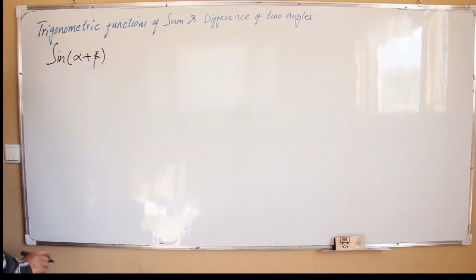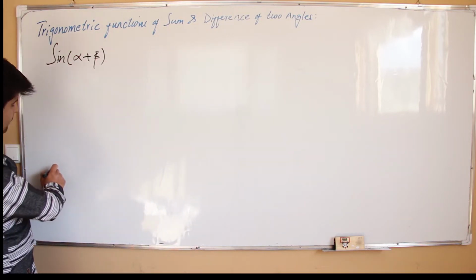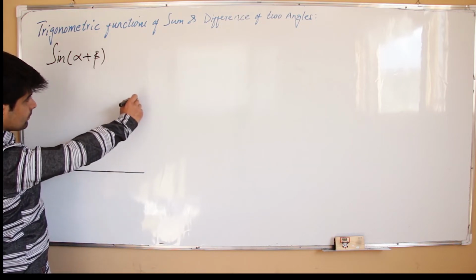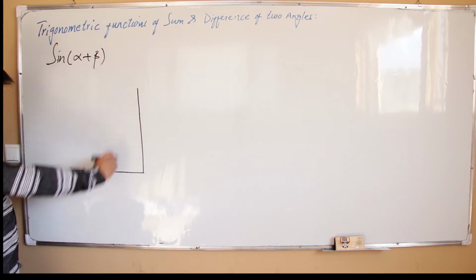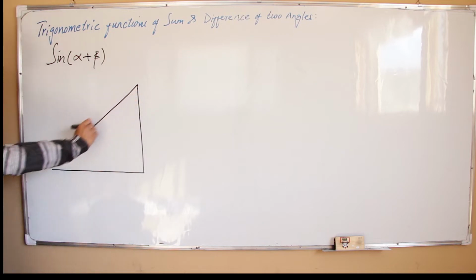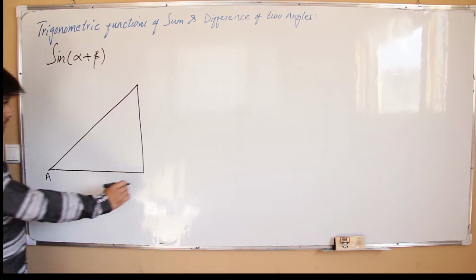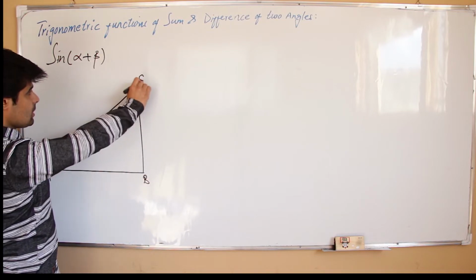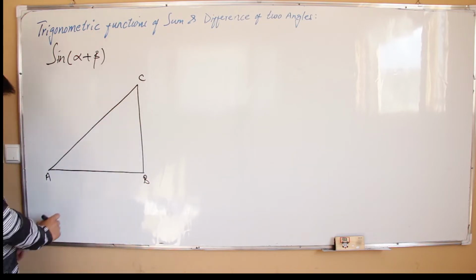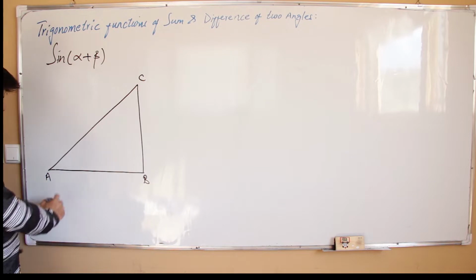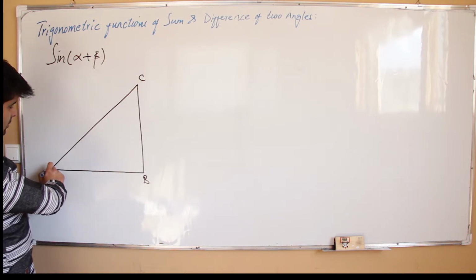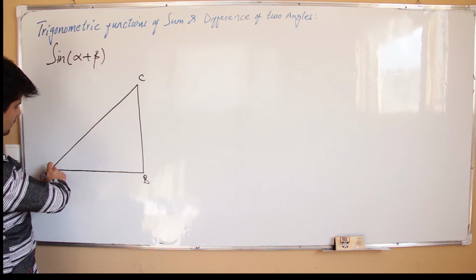Suppose we have a right angle triangle ABC, and we have two angles inside it.